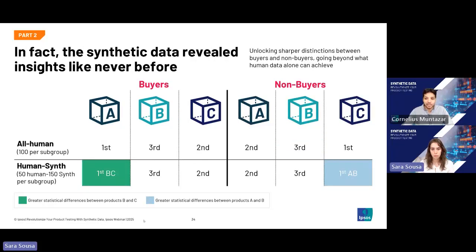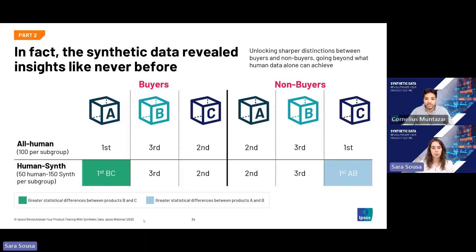However, where we actually saw more significant shifts was when we looked into subgroup analysis. This is because of the larger base size, due to the addition of the synthetic sample. We don't necessarily see a change in rankings between the products, but something really interesting that happened between, say, buyers and non-buyers in this case is that there were some differences because of the significance due to the additional variation brought in by the synthetic data.